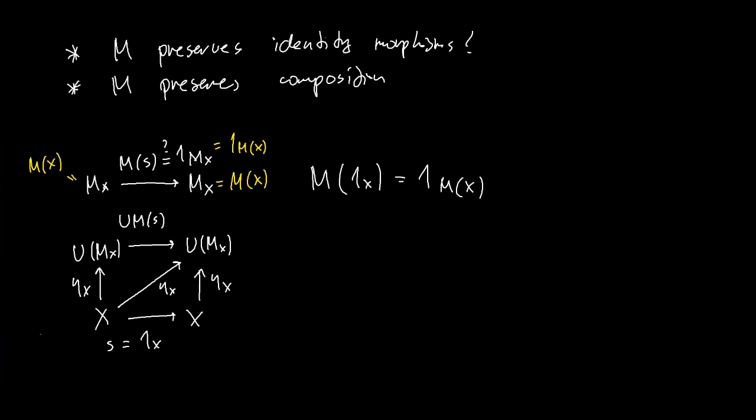So if I have at least one such morphism, then that morphism must be the unique one. And indeed, if I take the identity morphism of MX, when I apply U to it, U of identity morphism will be an identity morphism because U is a functor. So it will be identity of U of MX.